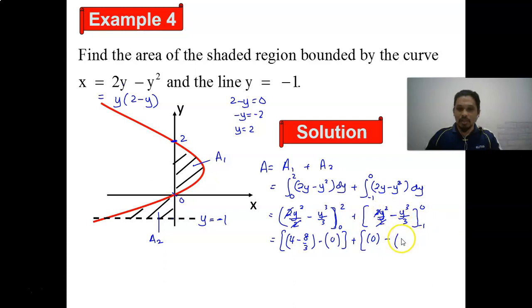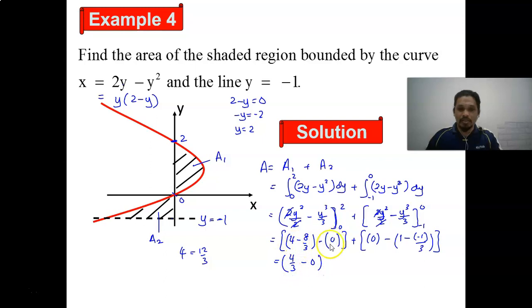Negative 1 square is 1 minus negative 1 cube, negative 1 divided by 3. Okay. So 4 minus 8/3. Turn this 4 into a fraction with the denominator of 3. So 4 times 3 equal to 12, 12 over 3. So 12 minus 8 equal to 4/3, minus 0.